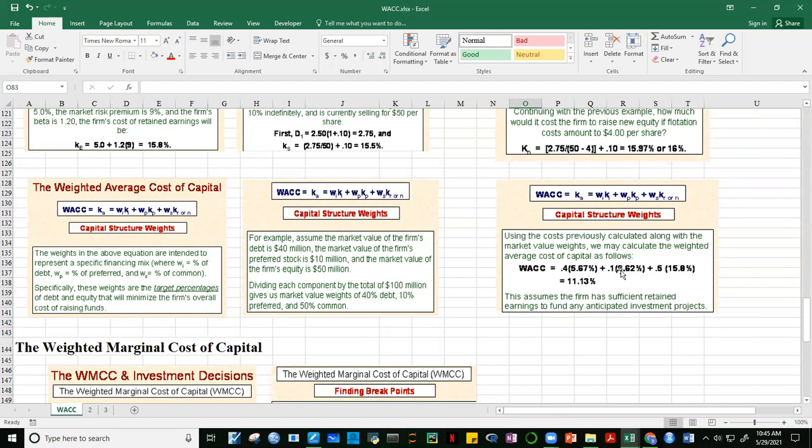So we just compute for that. The weighted average cost of capital is 40% of the after-tax cost of debt plus 10%, which is your preferred stock, times the cost of preferred stock, plus 50% times the common stock.